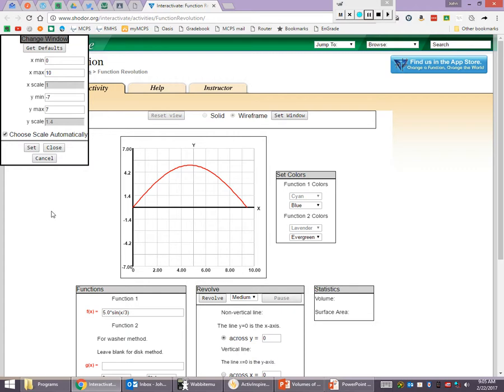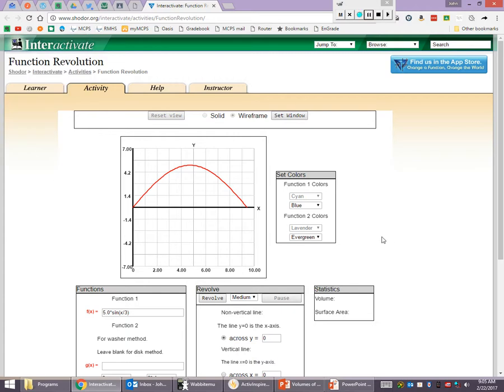I can show you this slide again in a second, but let me just take you to this applet for a second, which you can go to on your own time too.